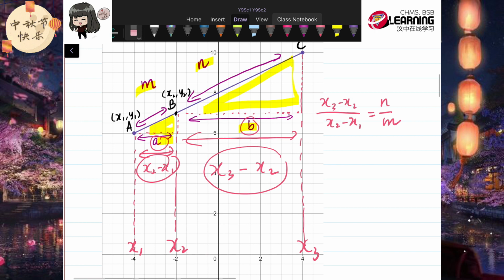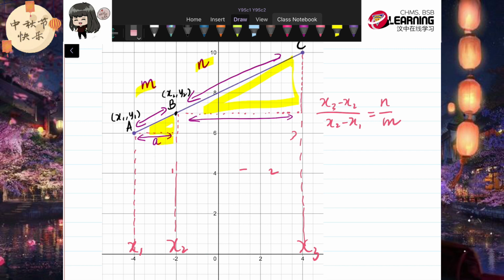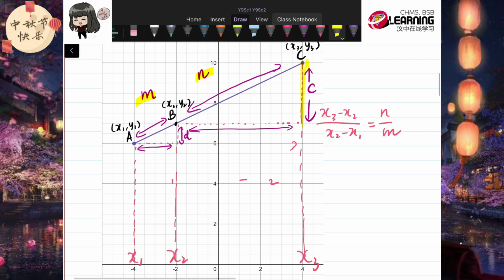And the same goes for your y. Now let's focus on c and d. C is here, and your d is here. So the length of c is basically your y3 minus y2. Why? Because this is your y3, and this coordinate of B here is your y2.